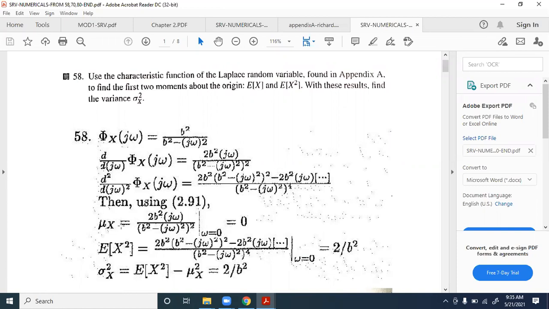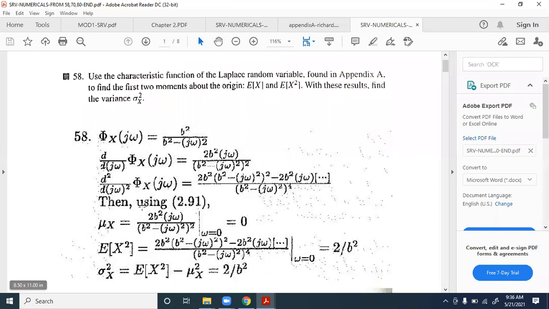Okay, and then we can use both of them to find the variance, and then the standard deviation if you want. So if you substitute here omega equal to 0, you'll have 0 here, and this is 0, but b squared minus 0 will be b squared, and the numerator is 0, so therefore this quantity will be 0.